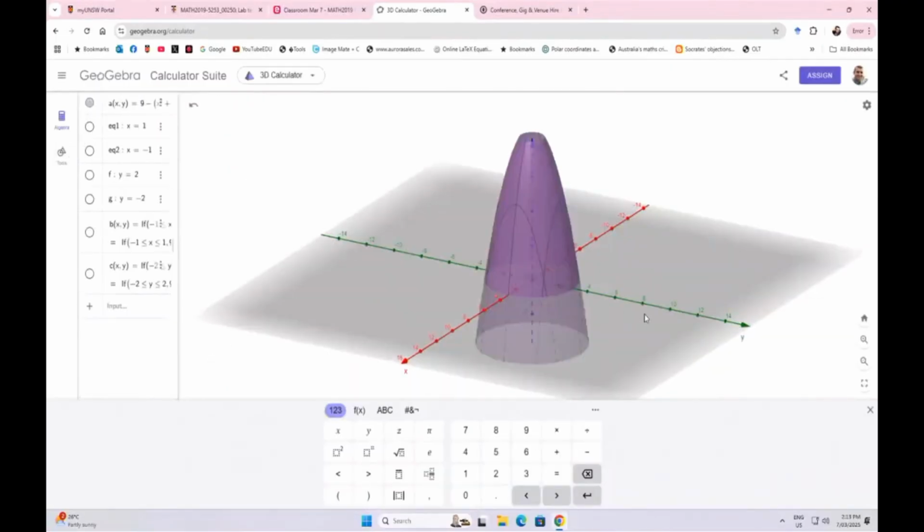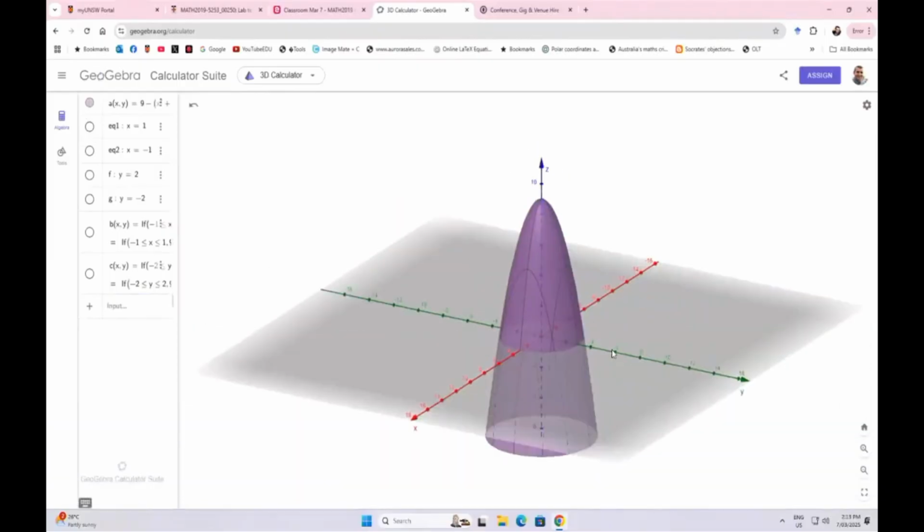Okay, all right. Here's a surface. And so from a geometrical point of view, we might want to know what the volume is between the xy plane and part of the surface. Okay, just like we did over there.